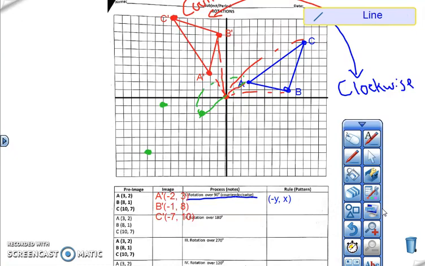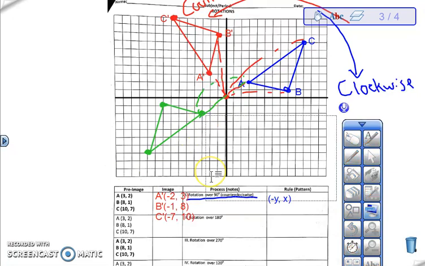And then we will draw our lines so that we get our triangle. We can label our points so that we know where A, B, and C all wound up. A would be over here, B is here, and C is here.